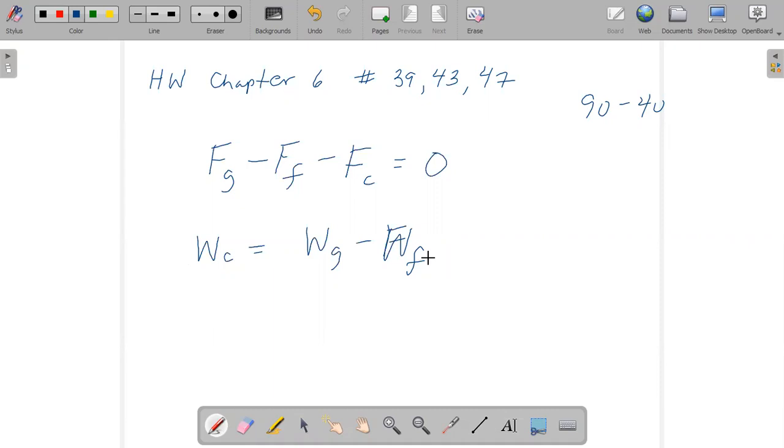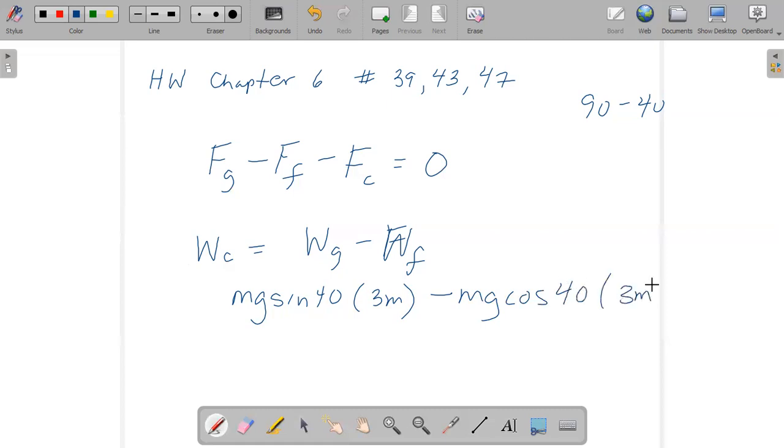So we have mg sine 40 times 3 meters minus mg cos 40 times 3 meters times the coefficient of friction, 0.54. And that's going to be, let's see, what do we have?